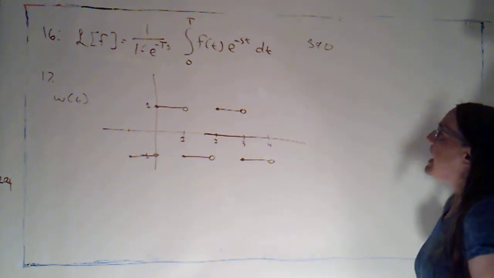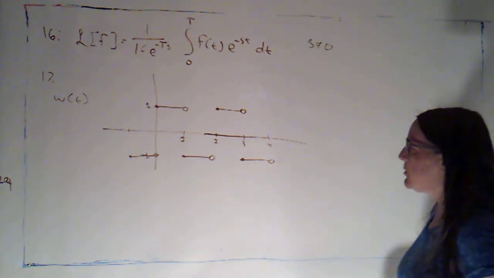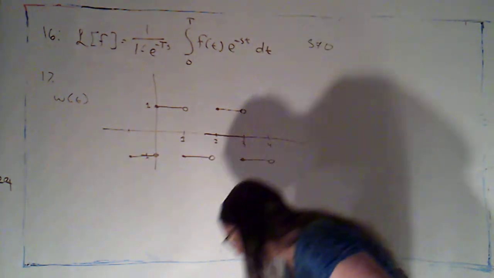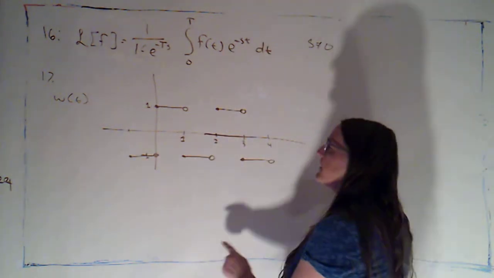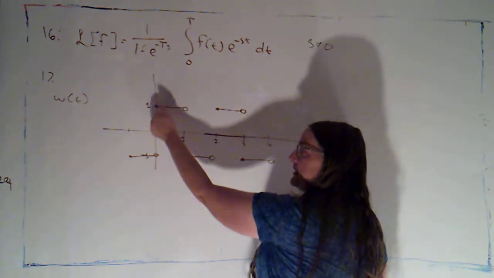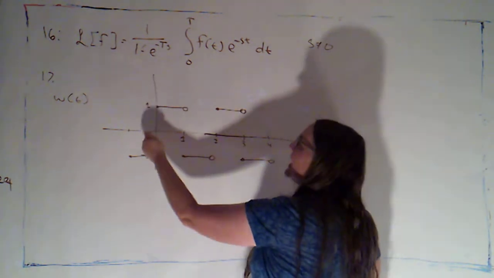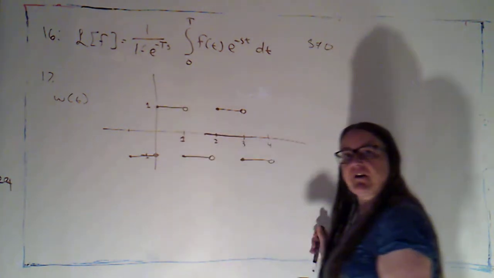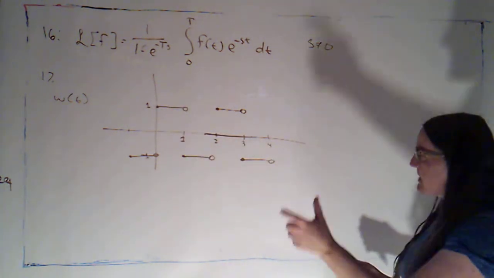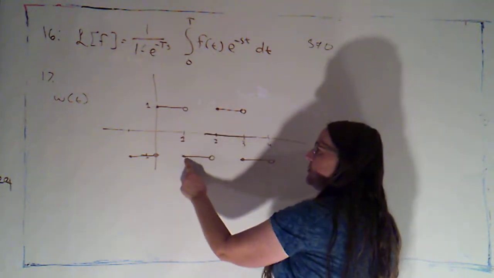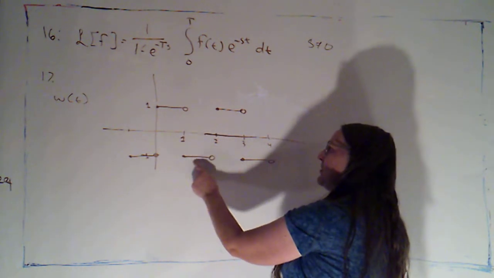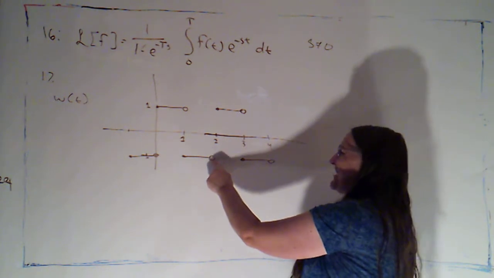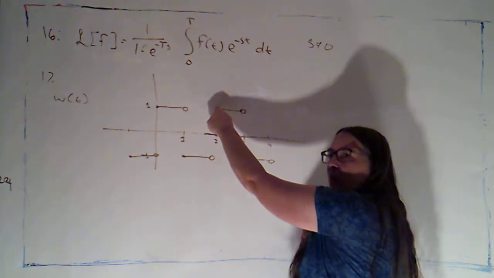Okay, now on question 17, we're given this wave function. It's a square wave. It's defined so that over the interval starting at an even integer like 0 and going to an odd integer like 1, the function is defined to be 1. Then at the odd integers we jump down to a value of negative 1, and over the interval until we hit the next even integer, we're down at negative 1 when we jump back up to 1.